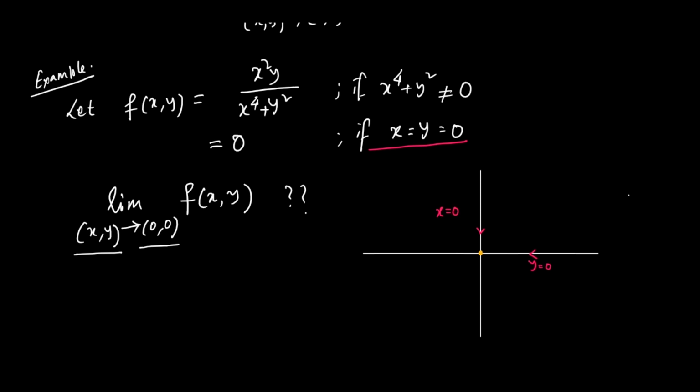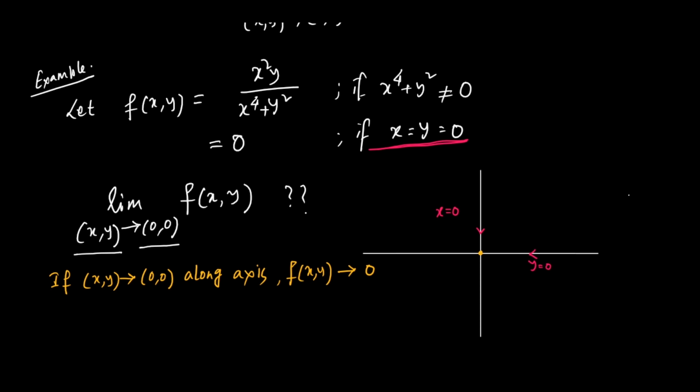So again, when x is equal to 0, the functional value is 0. So we can say if the approach path is the axis, if (x,y) tends to (0,0) along any of the axes, f(x,y) tends to 0.